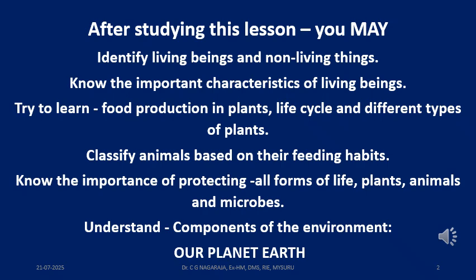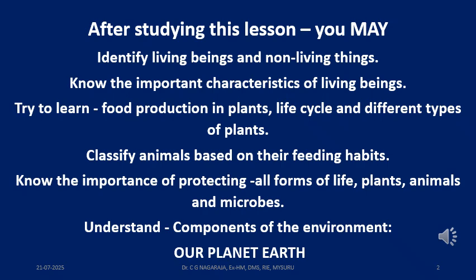After studying this lesson, you may be able to identify living beings and non-living things, know the important characteristics of all living beings. You can try to understand the different food production methods in plants, life cycles, and different types of plants and animals.